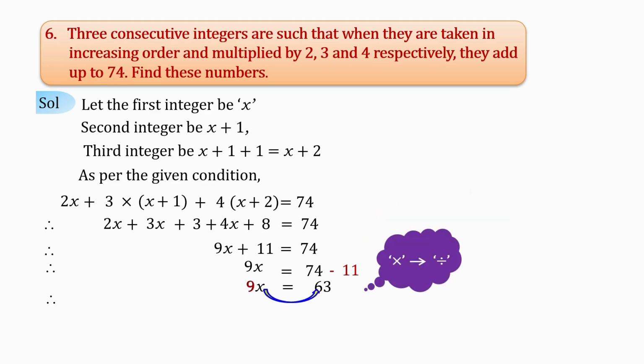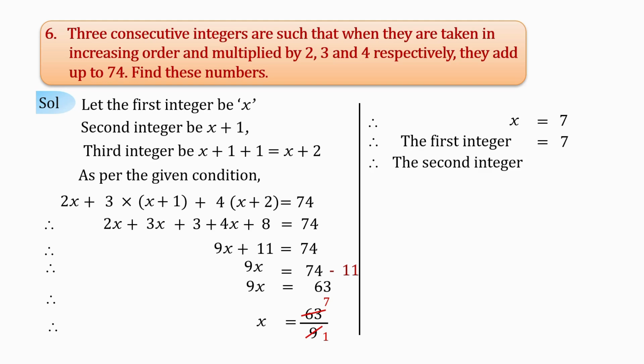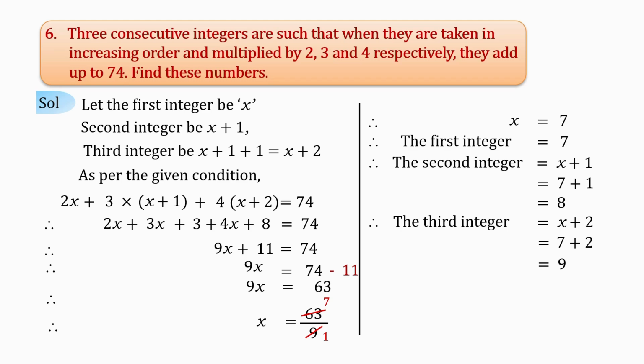So now x will be equal to 63 by 9, that is equal to 7. The first integer we got is 7, the second will be 7 plus 1, that is 8, and the third will be 7 plus 2, that is 9. So the three consecutive integers will be 7, 8 and 9. That will be the final answer.